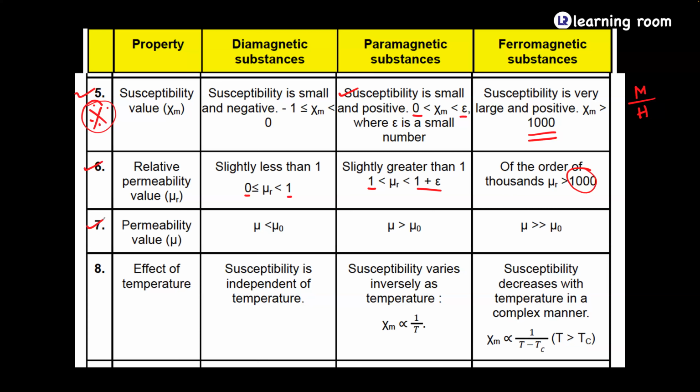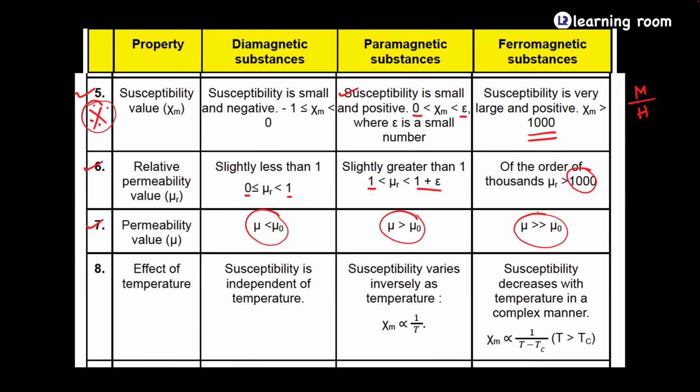So when you talk about a diamagnetic substance, mu is going to be less than mu naught. Whereas for a paramagnetic substance, mu will be greater than mu naught. And for a ferromagnetic substance, mu is very much greater than mu naught. So what they will ask us, suppose the question is, there is a material in my hand which has the value of mu greater than mu naught.